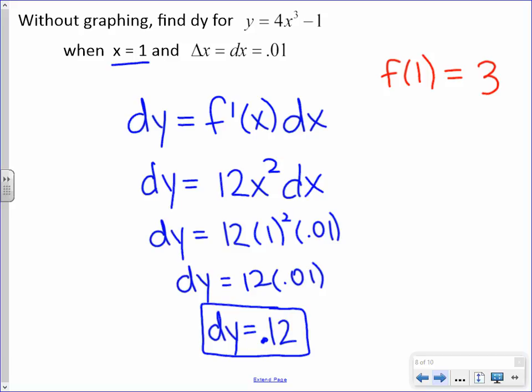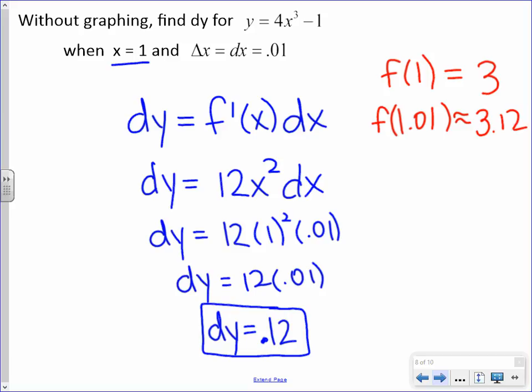Okay, so if f of 1 is 3, then what else can we write? Okay, what's our change in x? 0.01. So we have information about f of 1.01, and that is approximately 3.12.